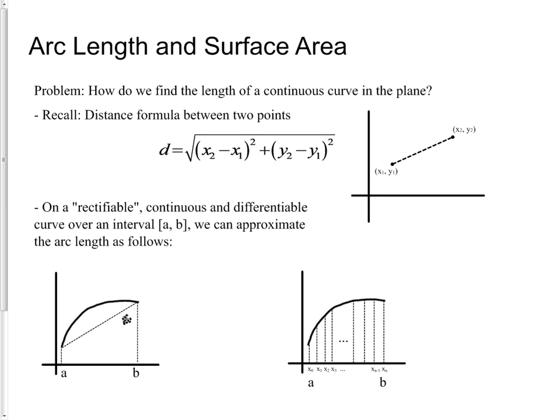Let's take the length right here along this line segment. And that length is going to be equal to the square root of the distance between our x's, right? So that's b minus a quantity squared plus the difference in our y values, right?